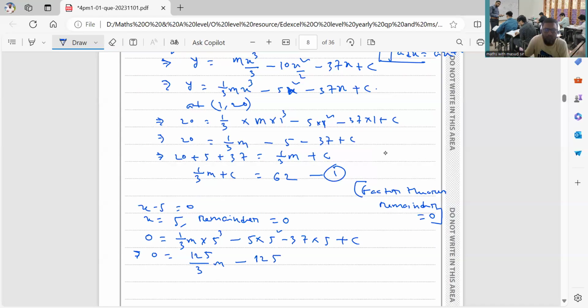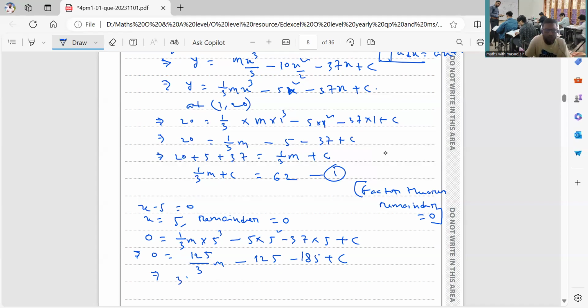You can do it mentally. I think very easy calculations. And 37 into 5, and it will be 185 and plus c. So if you calculate, it will be 125 plus 185. So it will be 310.